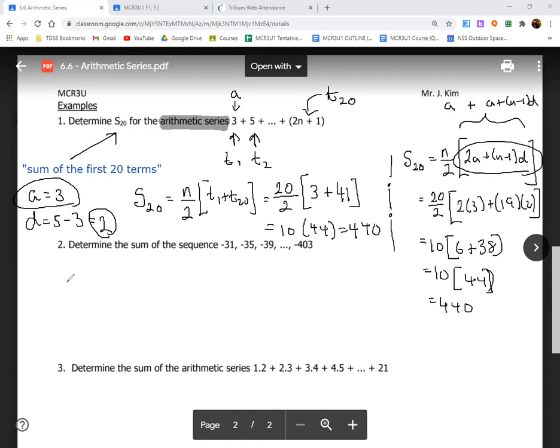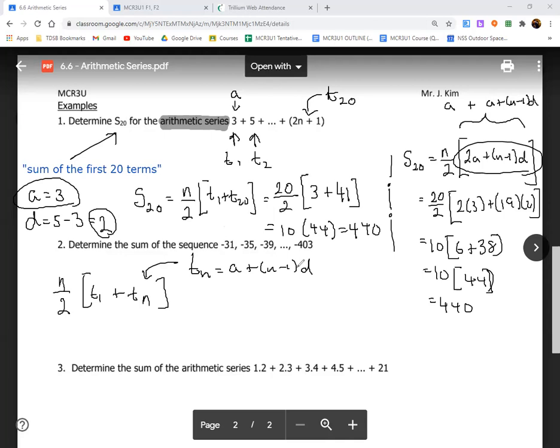Absolutely. If you remember, the formula said n over 2 times (T1 plus T20). But I put T20 there because that's the last term we care about. That could just be Tn. Whatever the last term is, I'm adding that last term, just like in my example, it was 1 plus 100. But also remember, from my arithmetic sequence question, the general term for Tn is a plus (n minus 1)d.